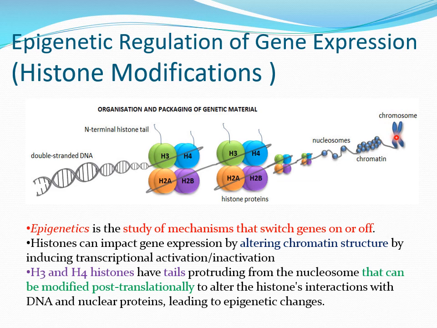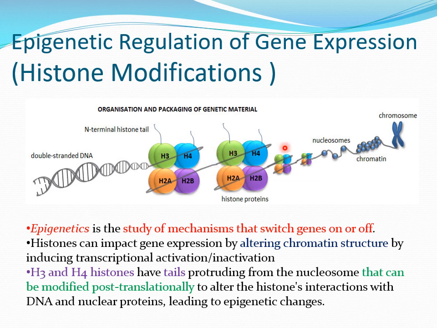So, in order for transcription to take place, the DNA strand has to be made available for transcription. This can be done by modifying the histone proteins.